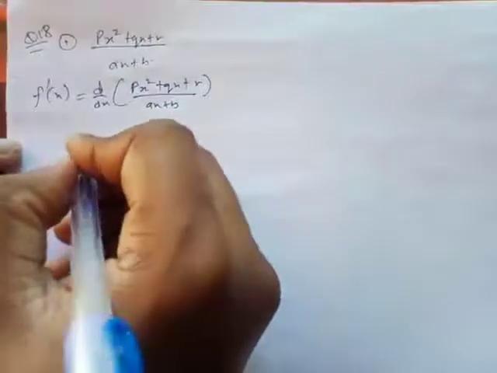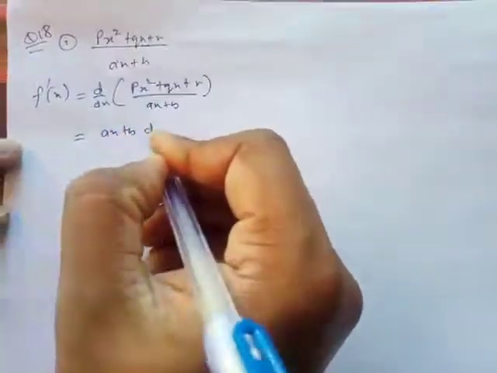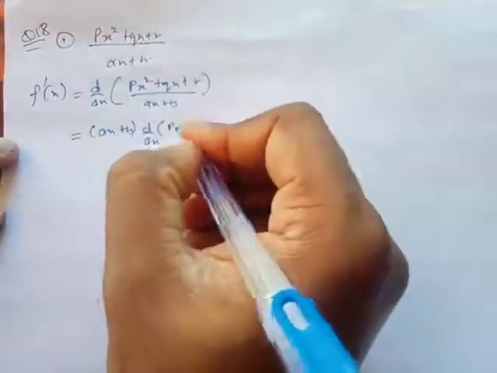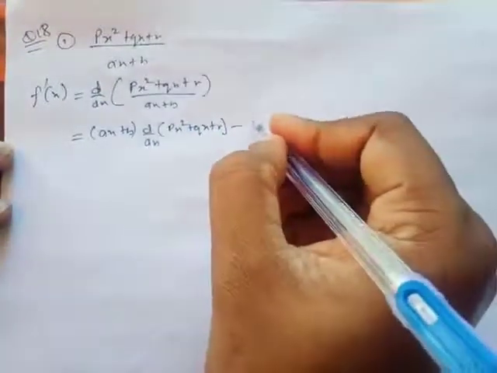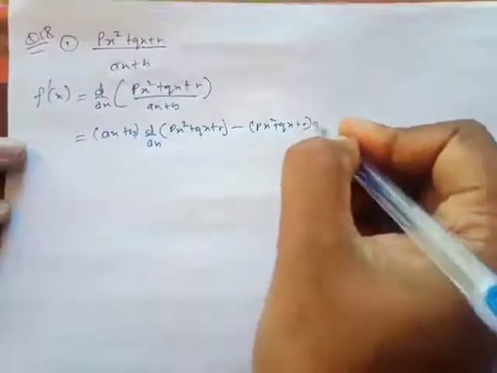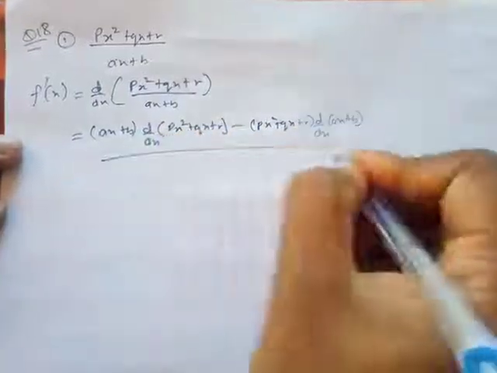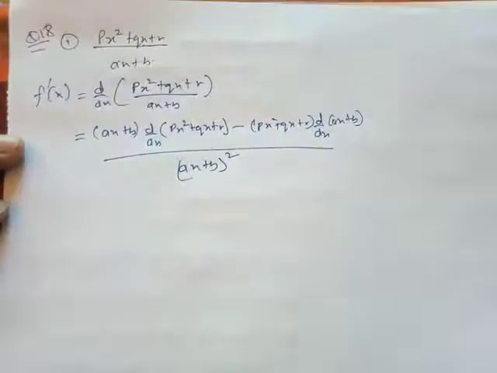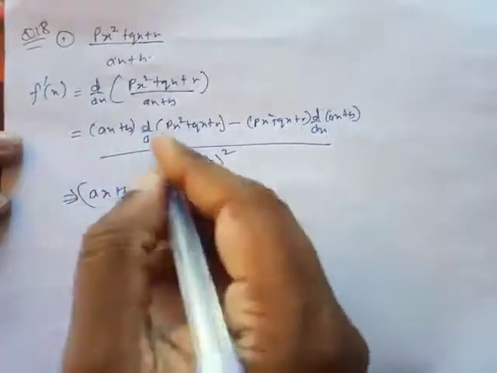What does the quotient rule say? When we find the derivative, it is ax plus b d by dx of px square plus qx plus r, minus px square plus qx plus r, then derivative d by dx of ax plus b, and whatever comes in the denominator, ax plus b whole square. That's it. Now I have to leave this as it is and find the derivative of this.